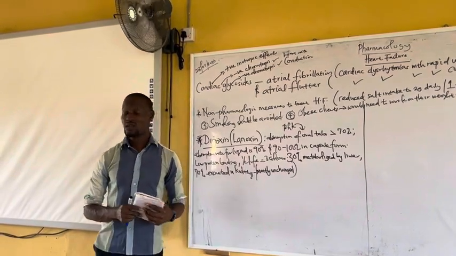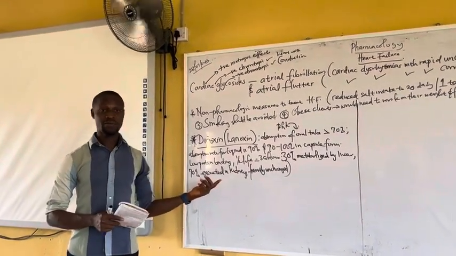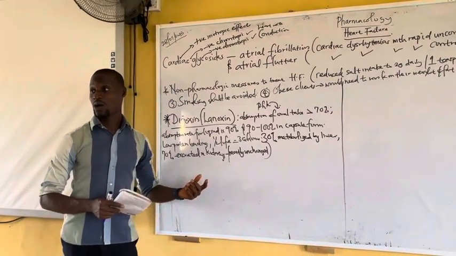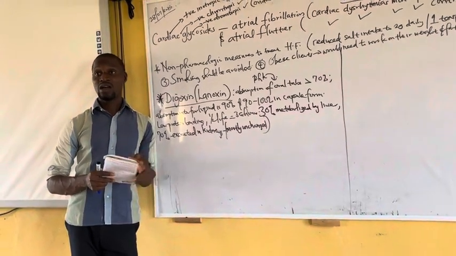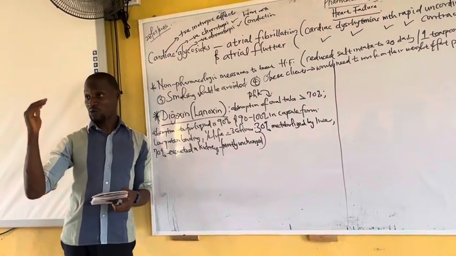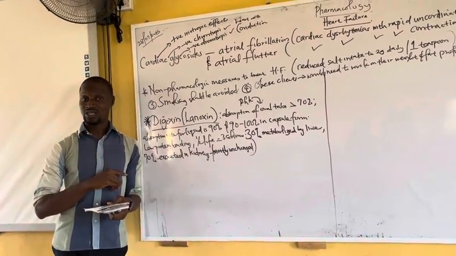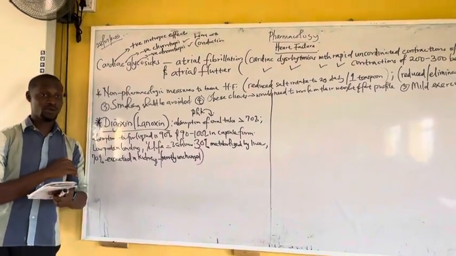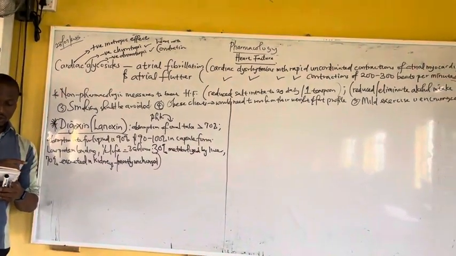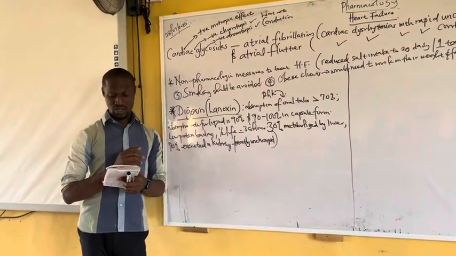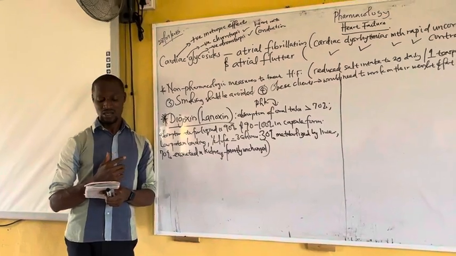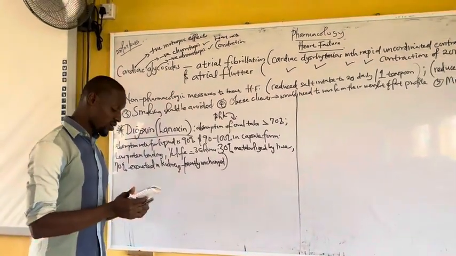You get it? So, because of the kidney function, you might also look at how the excretion is done. If thyroid function went up, you might need to increase the dose. If there is hypothyroidism, you might need to decrease the dose too, because the drug will stay longer. So that is for digoxin.